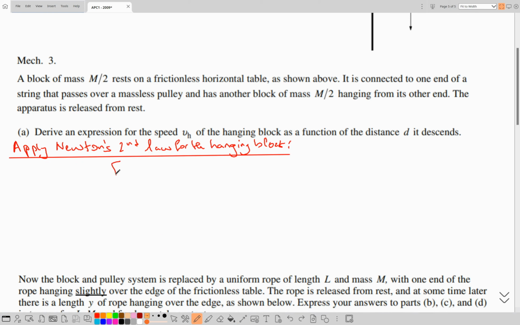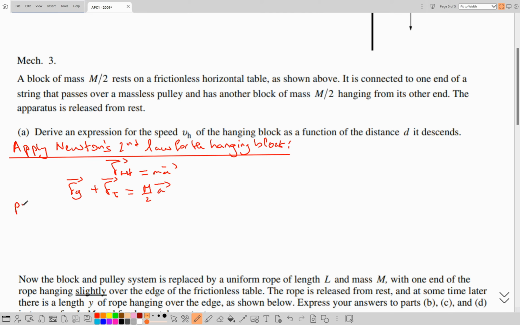It's given by sum of forces equals ma. Now what are the different forces acting on the hanging block? We have the pull of gravity plus the tension force, which is equal to m over 2 multiplied by a.